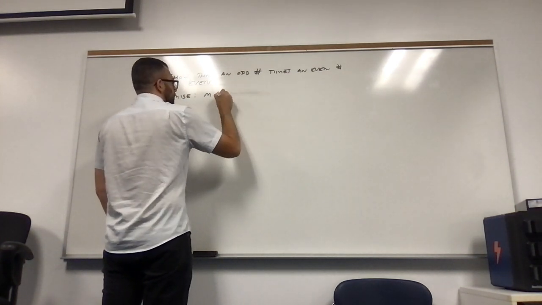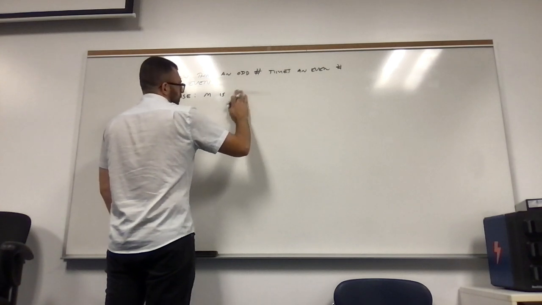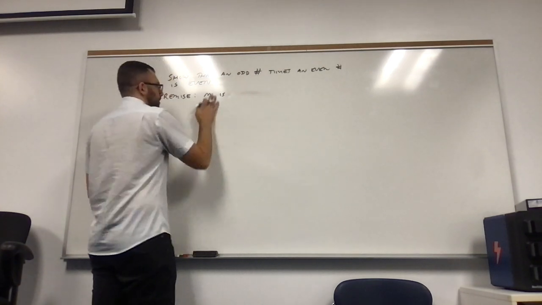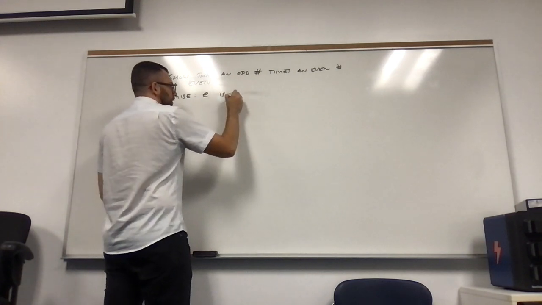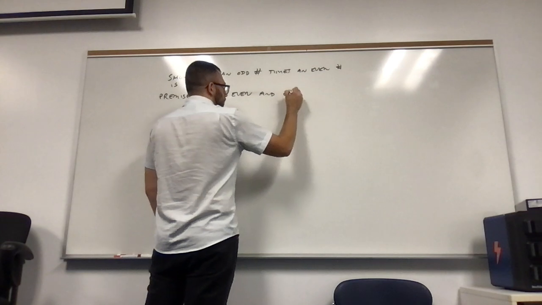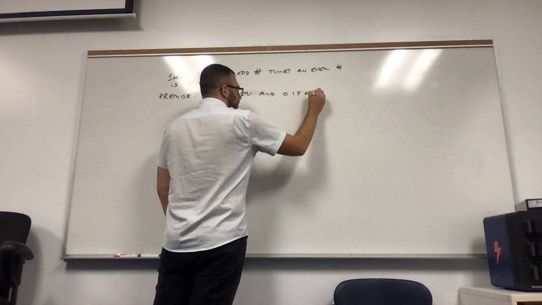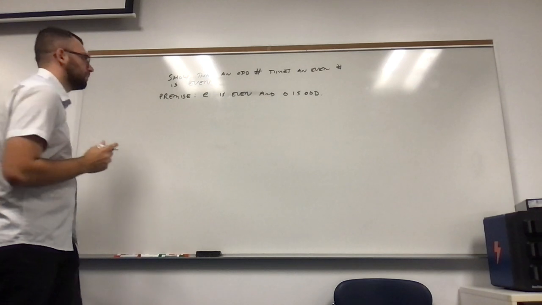I'm going to change the name. I'm going to call this E for even. E is even, and O is odd. So I have two variables, E and O. Cool.